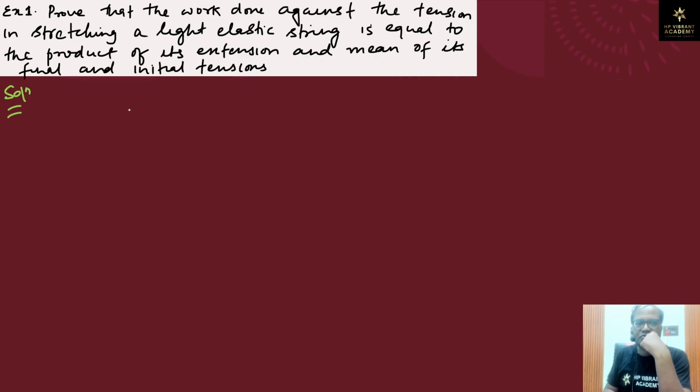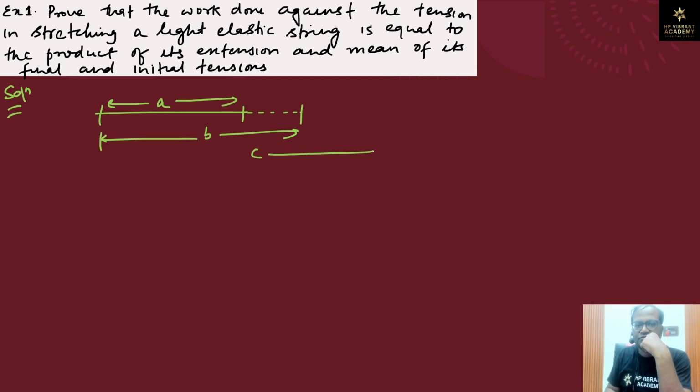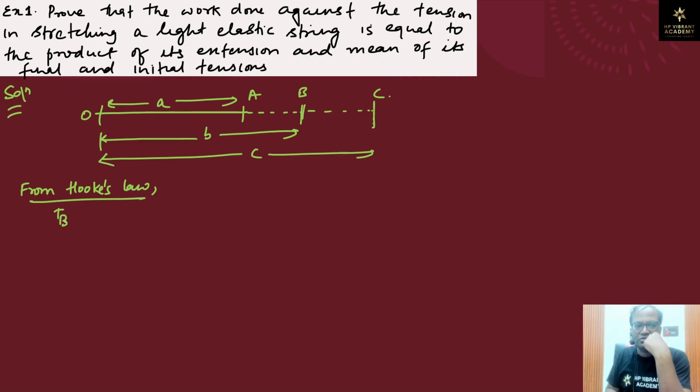Let us take a string of natural length A. It is extended further to a length of B and C. Let us name this: this is O, this is A, this is B and C. From Hooke's law, the tension at point B is equal to lambda into extension, the extension being B minus the natural length upon A, where A is the natural length.